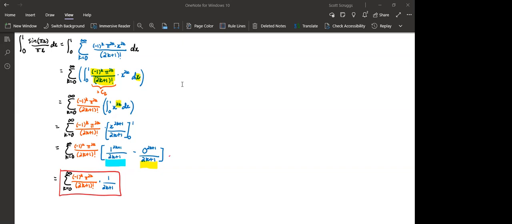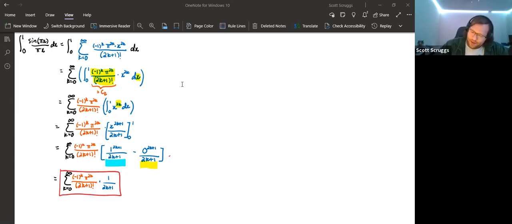So, big picture, what we did, and I will cut off here to do it side by side. We said, okay, I want to integrate or differentiate the function f of x. The problem is, this function might be awful to work with.